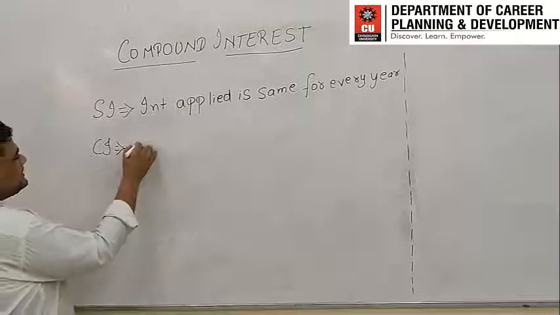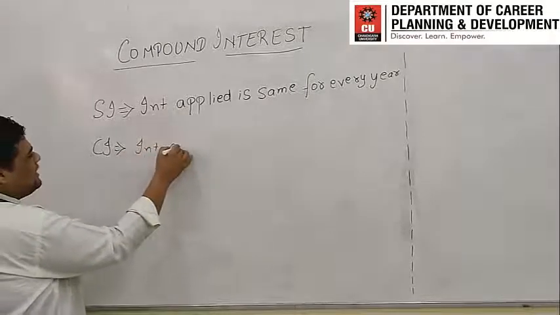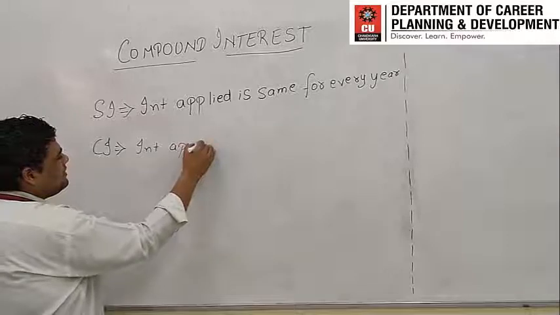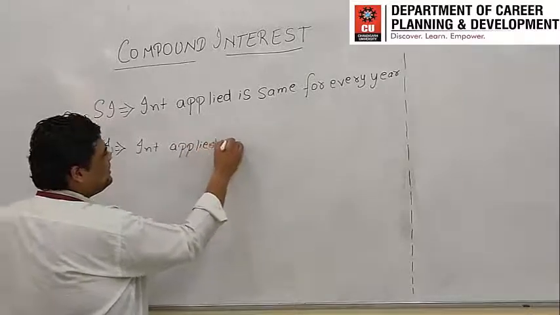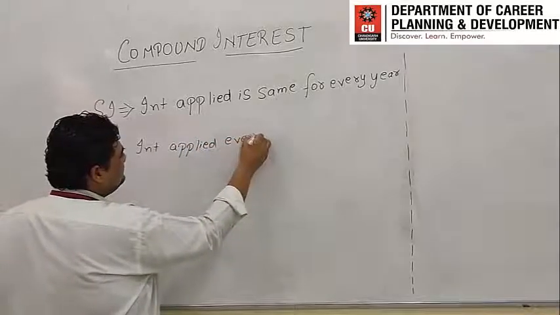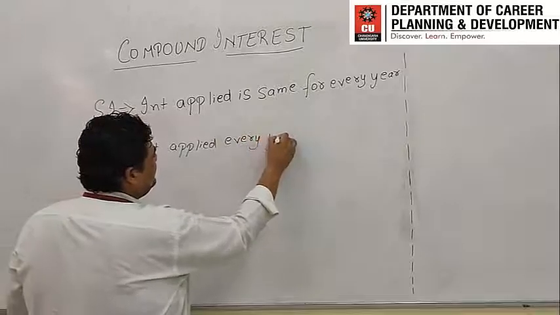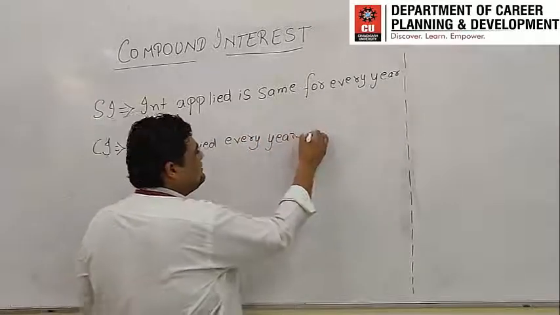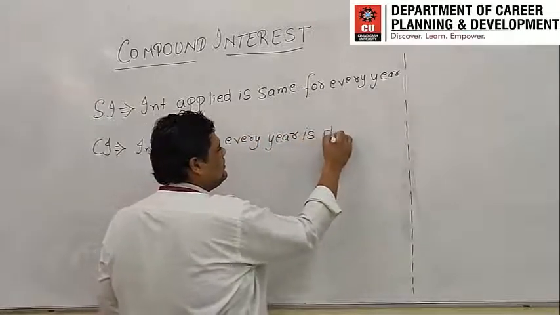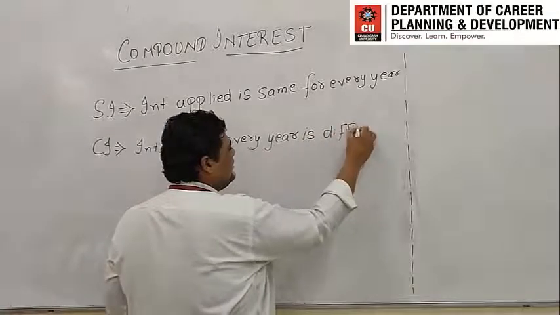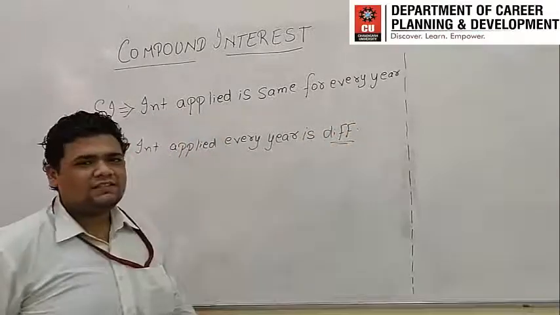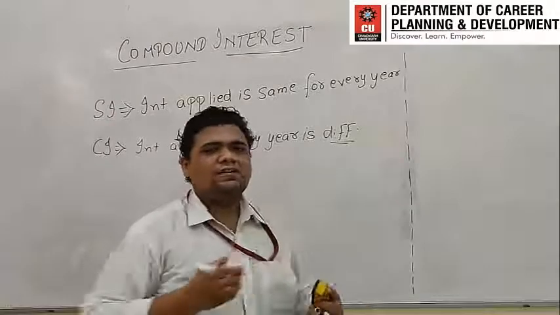In this case, the interest applied every year is different. Why is this interest different and how does this difference come?